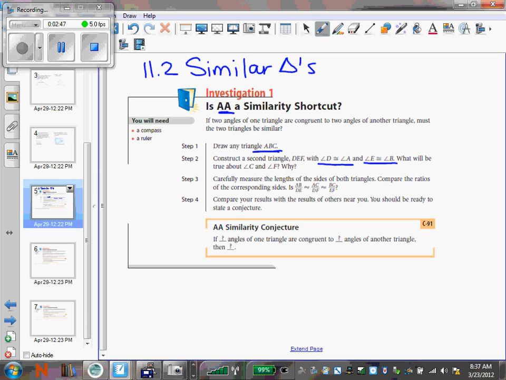So what can you conclude about angles C and F? I think we know for sure that angle C will be congruent to angle F, but you want to make sure that is true.